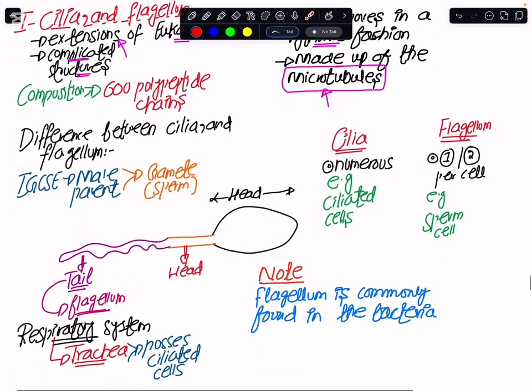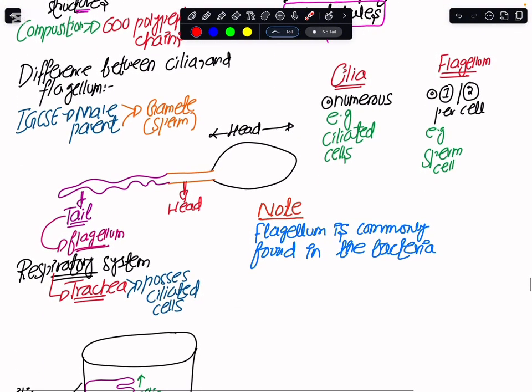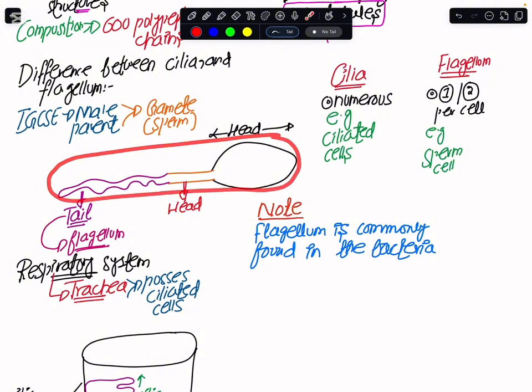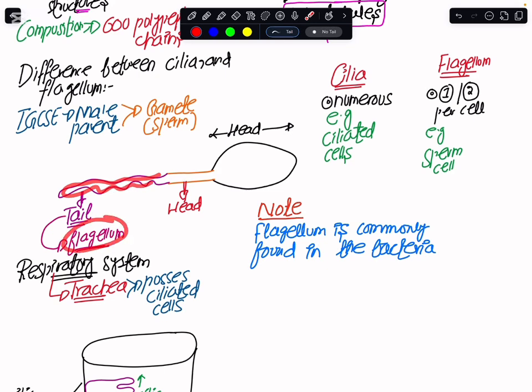We must clear our concept of what difference lies between the cilia and the flagellum. If you go back to your previous classes, we have the male gamete, the sperm cell, and the sperm cell has a tail, and this tail was referred to as the flagellum.